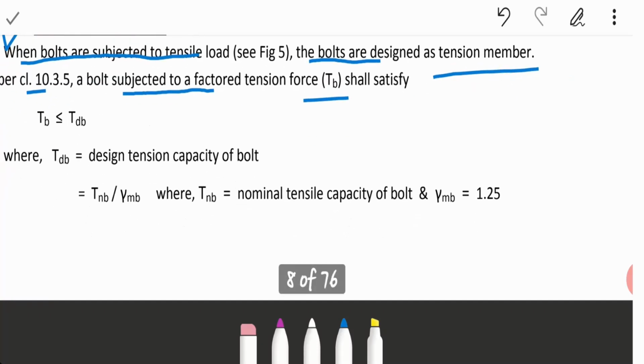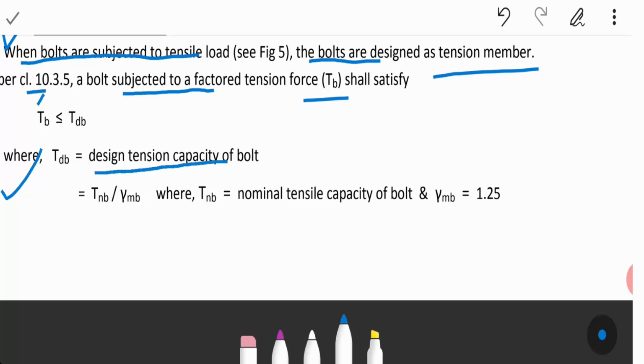So, factored tensile force less than or equal to design tension capacity of bolt. Okay, where Tdb is the design tension capacity of the bolt. Finally, Tdb is equal to Tnb by gamma mb, where Tnb is the nominal tensile capacity of bolt and gamma mb is the partial safety factor of bolt, which is 1.25.